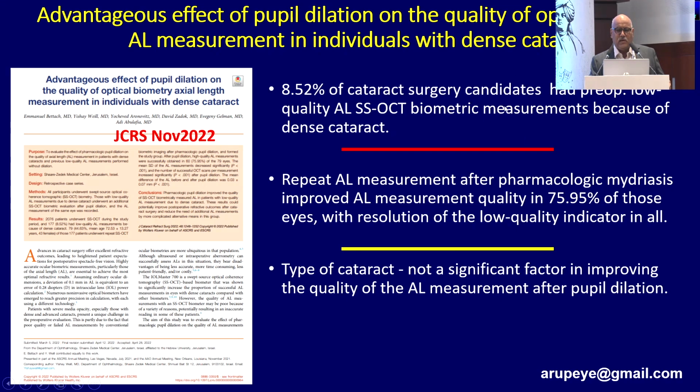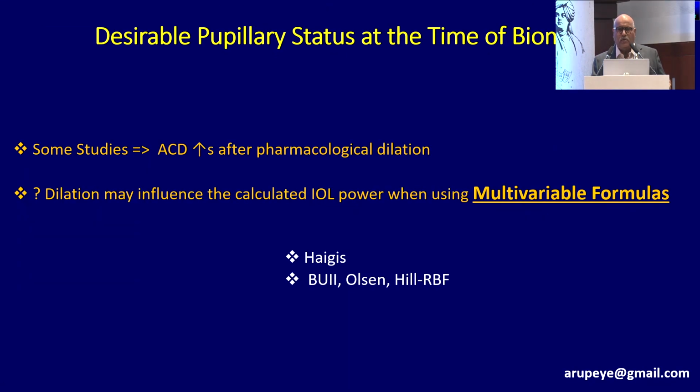In this study, with the IOLMaster 700, 8.52% of cataract surgery candidates had preoperatively low quality biometric measurements because of dense cataract. These were dilated, and repeat axial length measurements improved. The quality improved in 75.95% of the patients. So sometimes, if you don't get a good quality measurement, I would dilate and then do the readings.